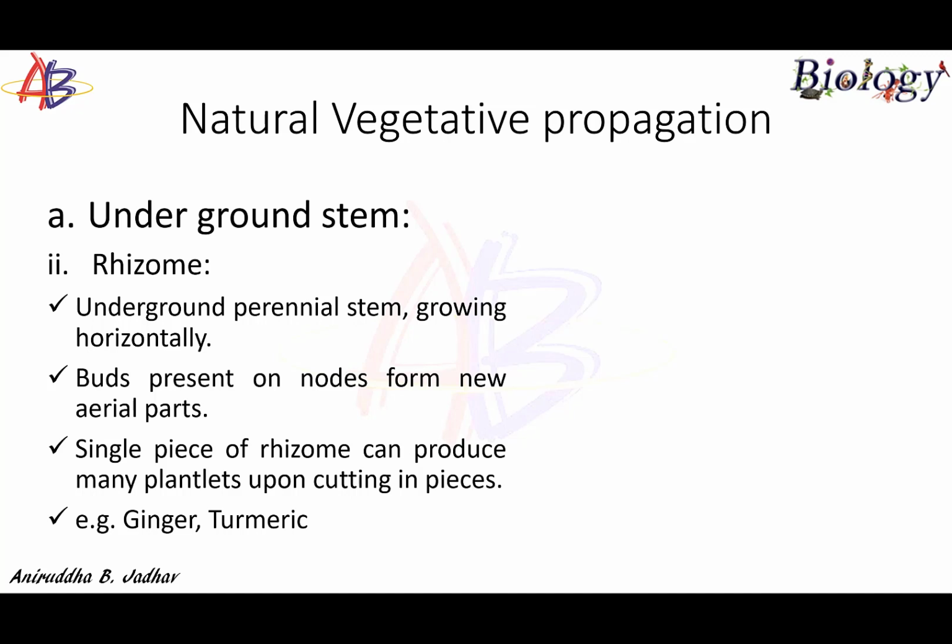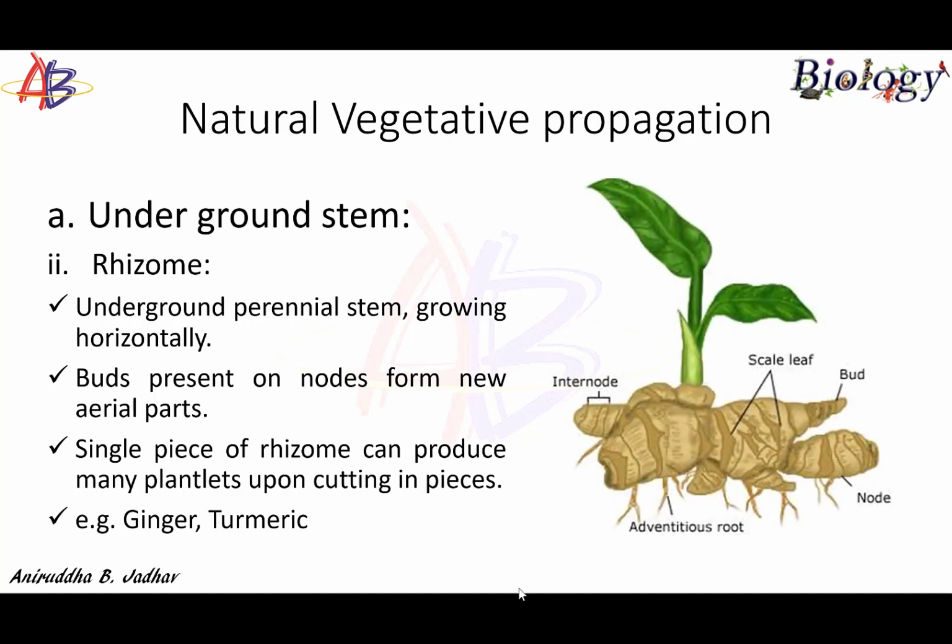Once we cut the stem into multiple pieces, each piece can give rise to a new plantlet, provided that each piece has buds on it. These buds ultimately give rise to the shoot part. The examples include ginger and turmeric.